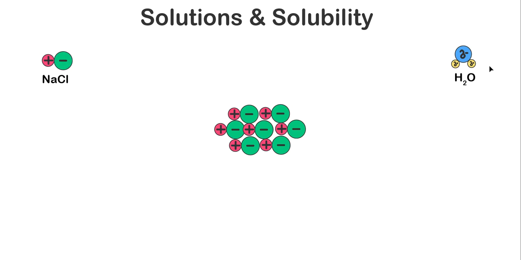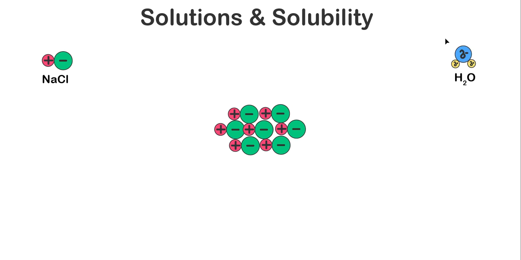Well, if you remember from earlier in the chapter, water is bent, and oxygen is much more electronegative than hydrogen, so the electrons in the hydrogen tend to spend more time around the oxygen than they do around the hydrogen. That gives the hydrogen a slightly positive charge and the oxygen a slightly negative charge.